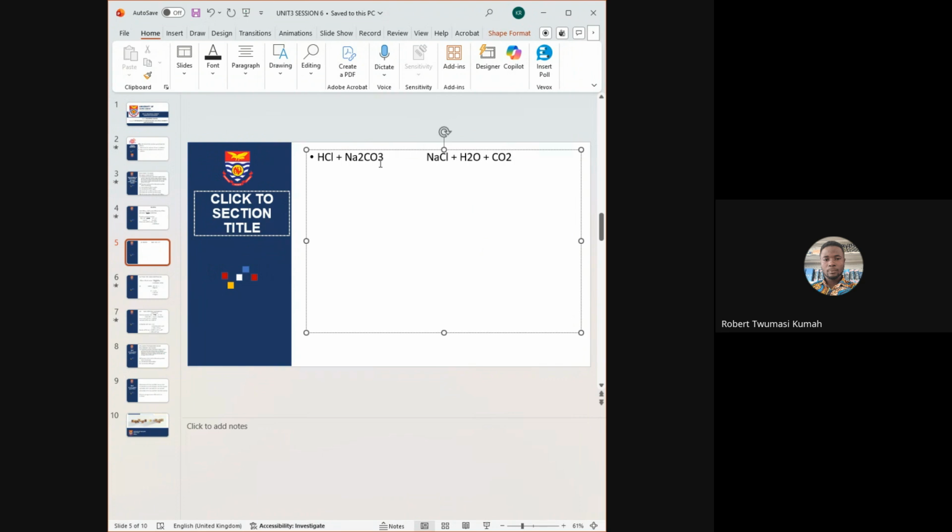Is it balanced? Yeah, I think it is not yet balanced. Let's put 2 here. Let's put 2 here. Is our equation balanced? Yes, it is balanced.